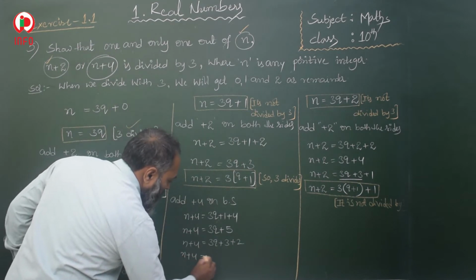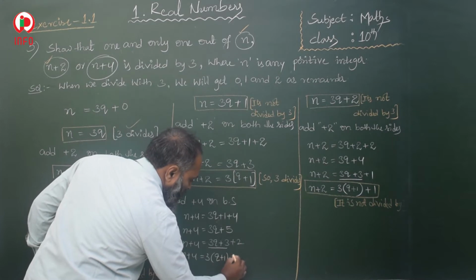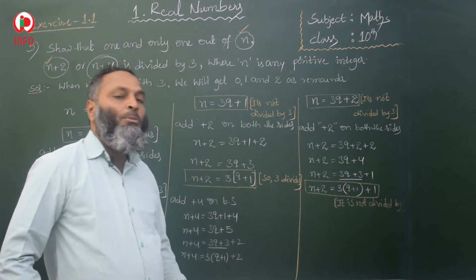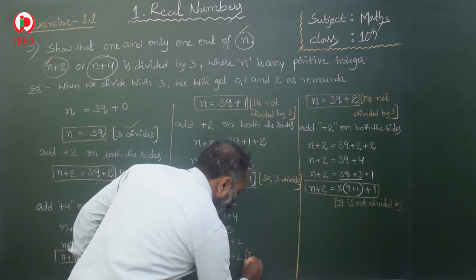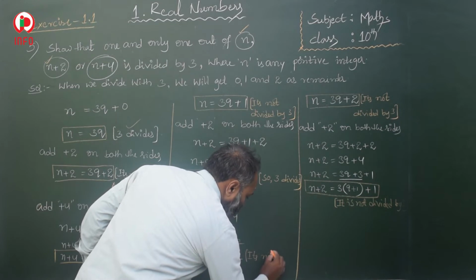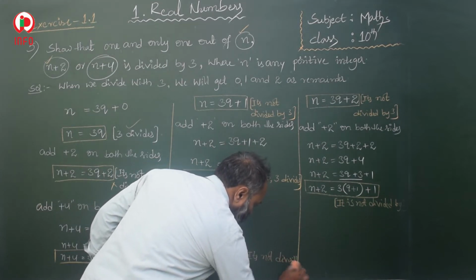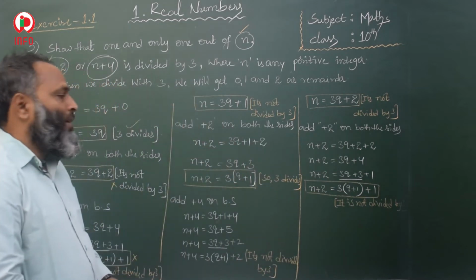In between, 3 is common, q plus 1 is left and plus 2. Here we are getting a multiple of 3 and plus 2. Plus 2 means we left a remainder. So it's not divisible by 3.